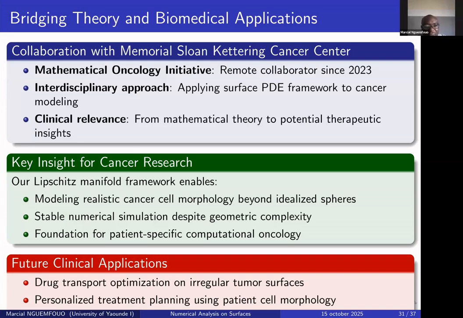If I can have some collaborators, we can write a lot of papers in this domain. The future clinical application is drug transport optimization on irregular tumor surfaces, and personalized treatment planning using patient cell morphology.